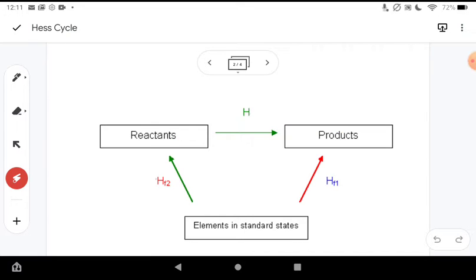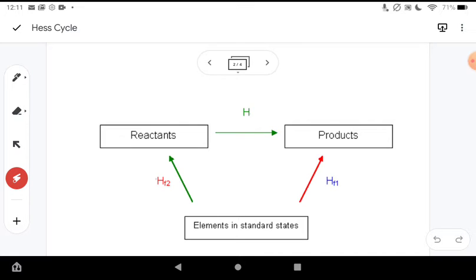So what you have to do is find the enthalpy change of formation. The definition of that is the energy change that occurs when you make a product from its constituent elements in their standard states. If I've got, let's say, Fe2O3, iron oxide, the constituent elements would be iron and oxygen.